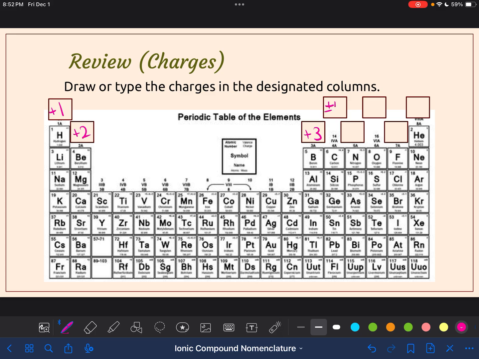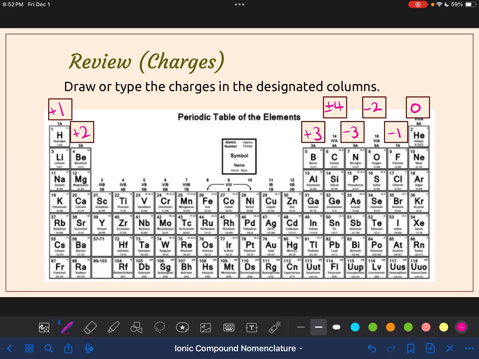Plus and minus 4, -3, -2, -1, and 0. Make sure you have this noted down because this is very important and needed for this lesson. Also, a quick heads up: group 14 says plus and minus 4, but we don't actually use that column as much. So if you are worried about which charge it would be in that column, don't worry about it.